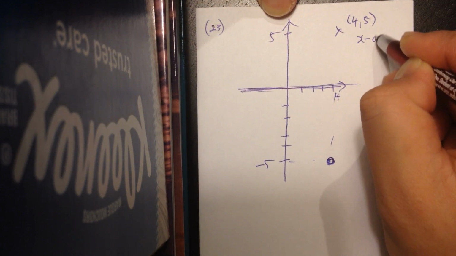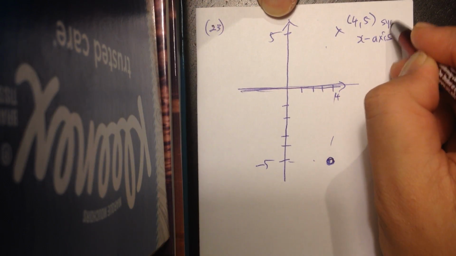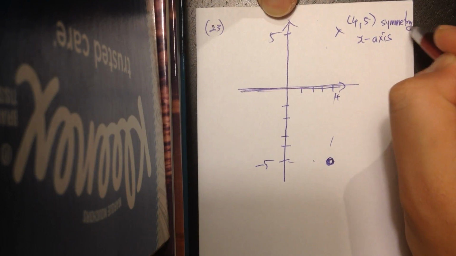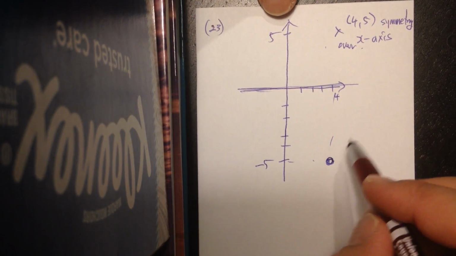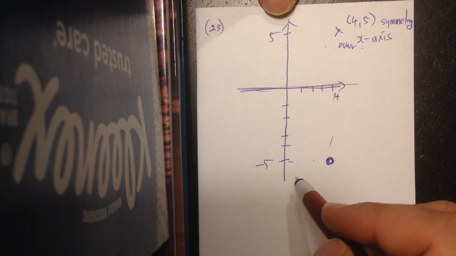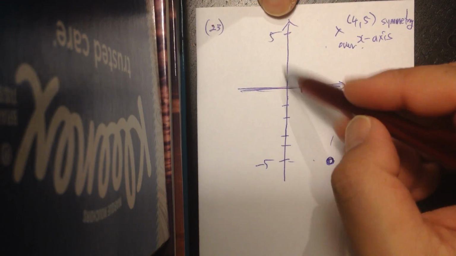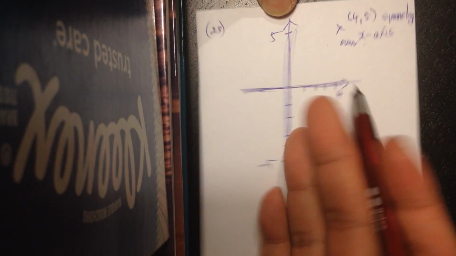This is for the x-axis. I should say symmetry over the x-axis. If we want to find a point that is symmetry over the y-axis, that means we're folding the paper over this line, so like this.